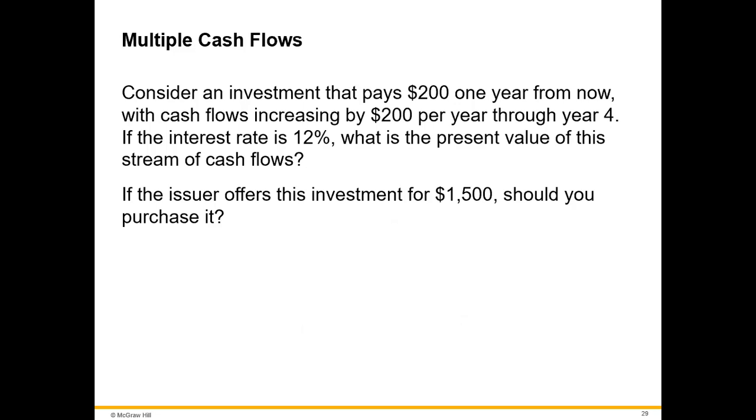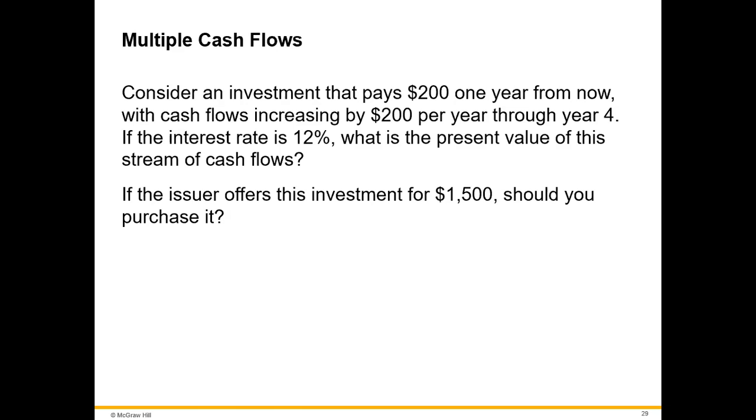If the interest rate is 12%, what is the present value of all of that money? If the issuer offers you this investment, you paying $1,500 up front for $200 1 year from now, and then increasing by $200 each year through year 4, should you purchase it?